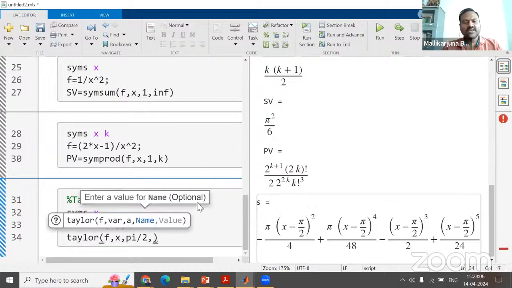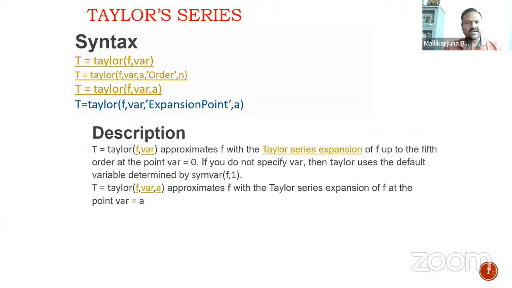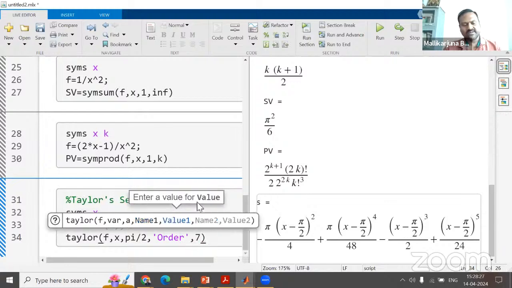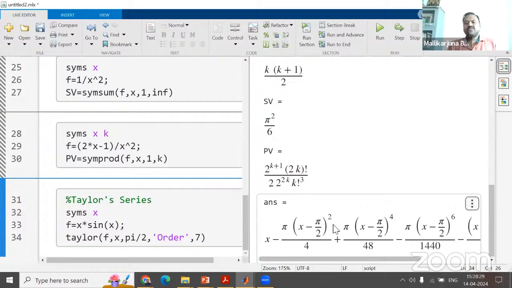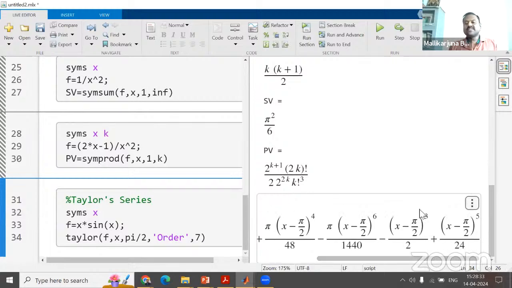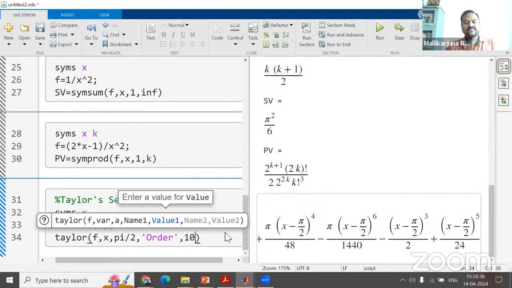But if you want to execute the order, that order also you can define. Like order up to 7, if you want to find. You can see here, it will show till 7. Next, I'll take 10 suppose.